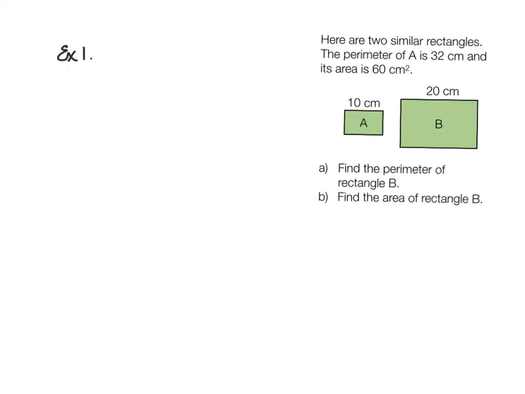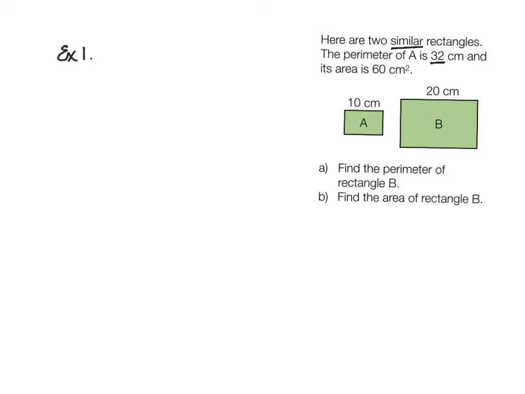Example 1, so we know that the two shapes are similar. That's important. Now it says that the perimeter of A is 32.